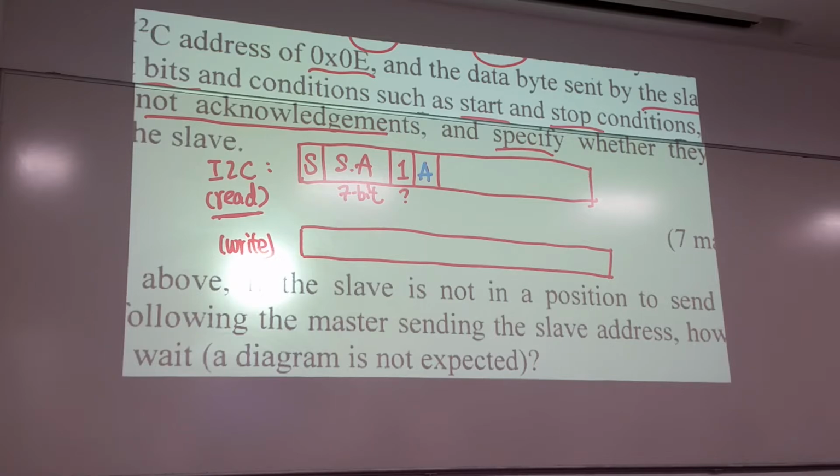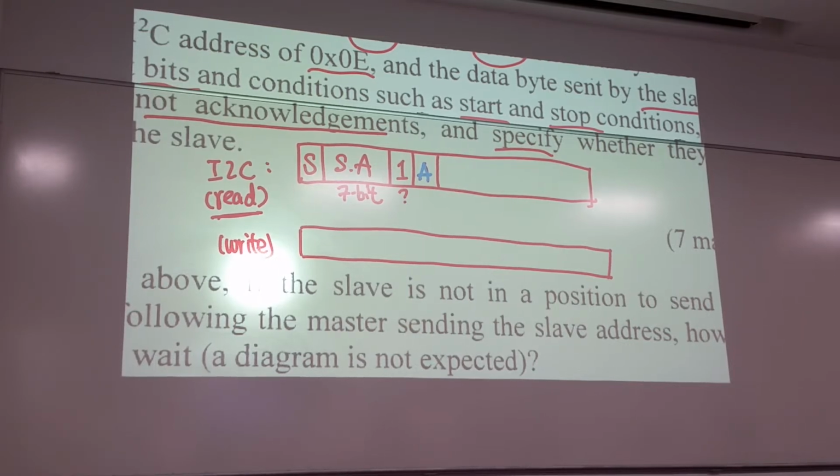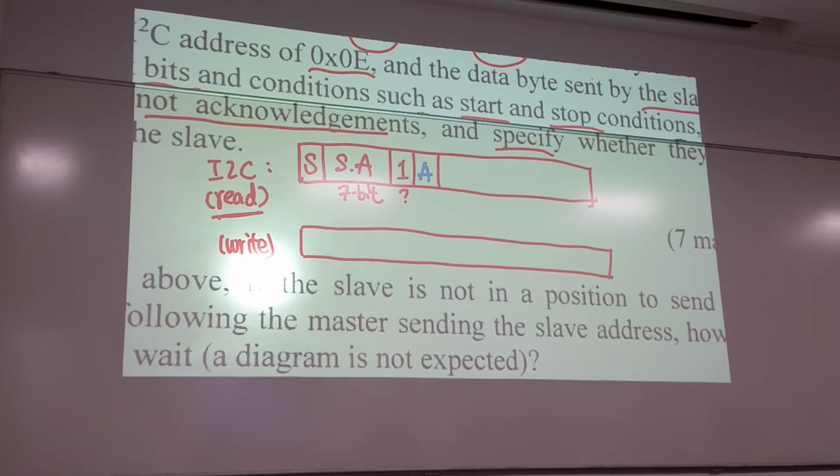Your slave needs to inform you that it's ready by giving you a positive acknowledgement. If it's busy, basically it doesn't reply at all. So after you receive a positive acknowledge, what do you have later on?